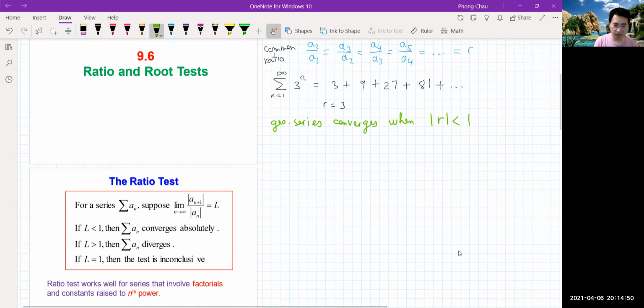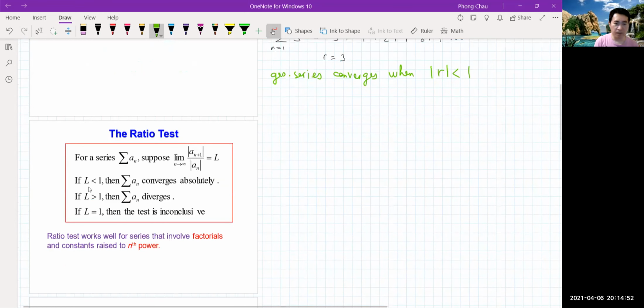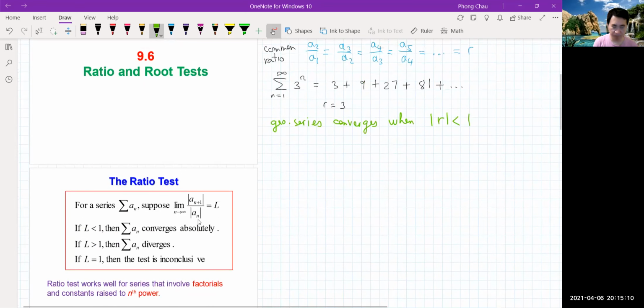So here is the statement of the ratio test. For a series like this, suppose we look at the limit of a sub n plus 1 over a sub n, that's the ratio of two consecutive terms, as n approaches infinity.